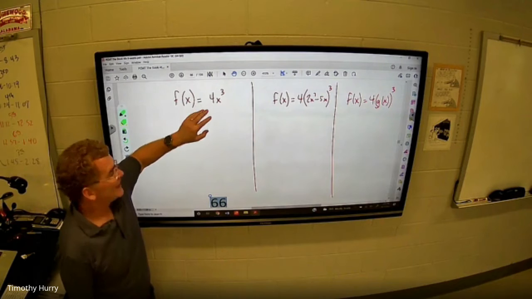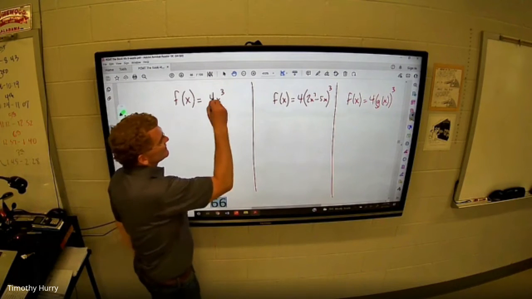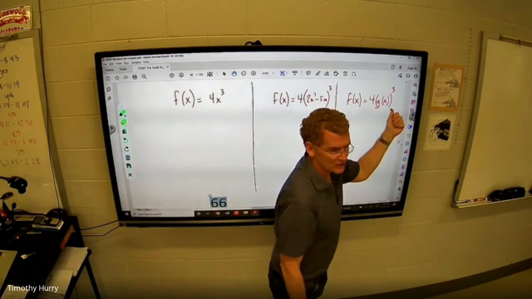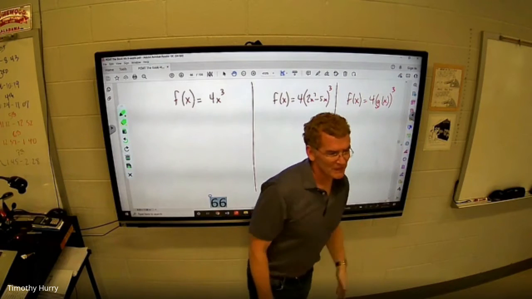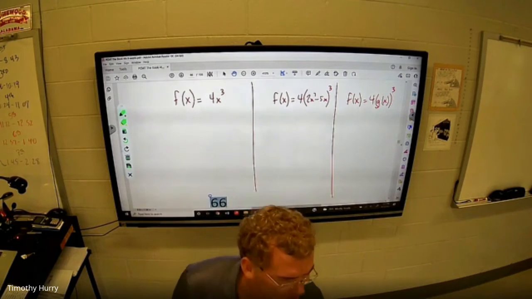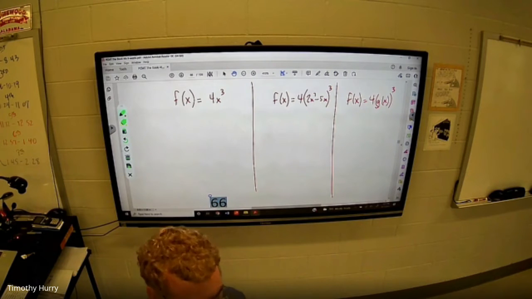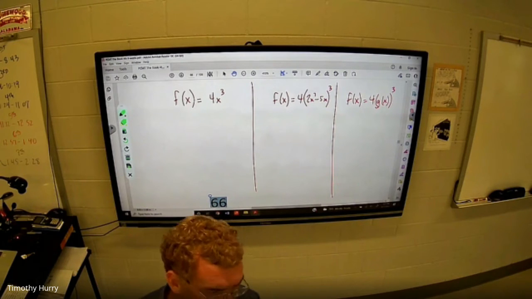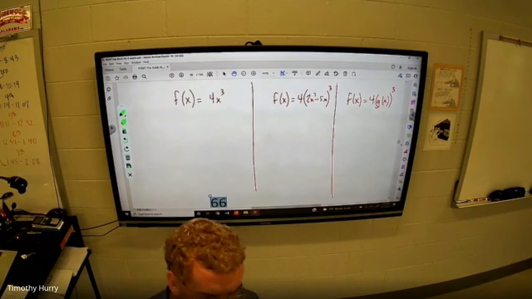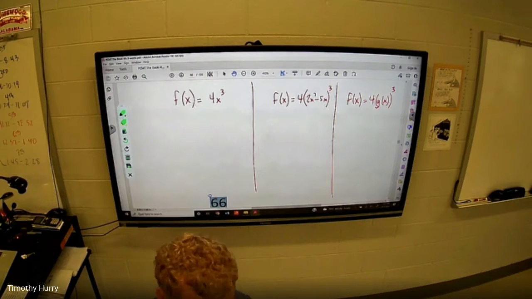Now, x is technically its own function. But if I were to say, what's the derivative of an x term, what would you say? 1, which is great if I'm just writing the number 1. But if I'm multiplying by that, multiplying by 1 doesn't change anything.